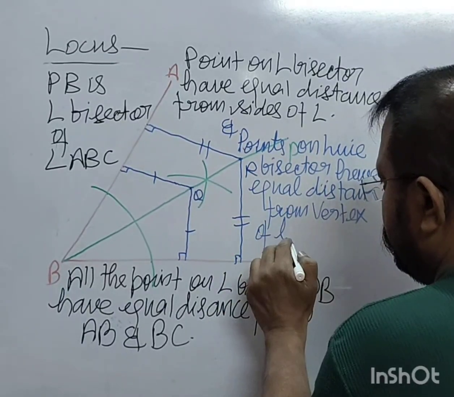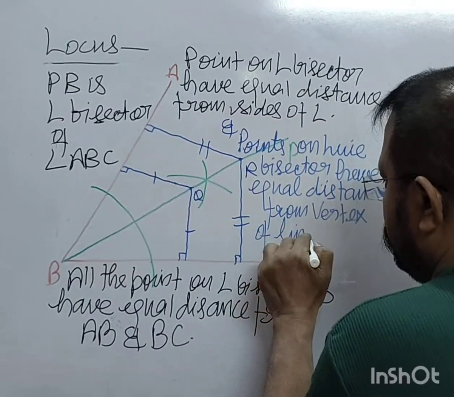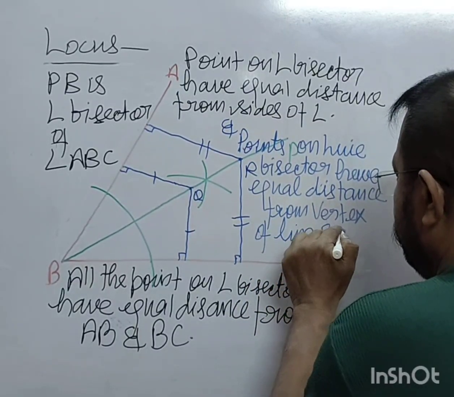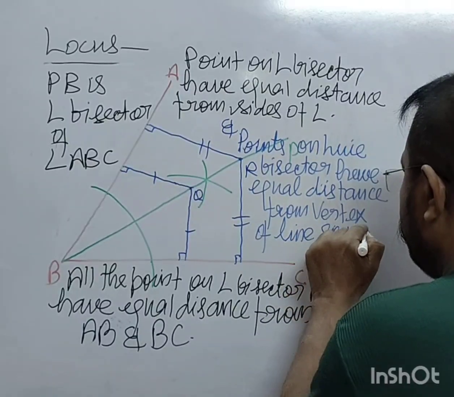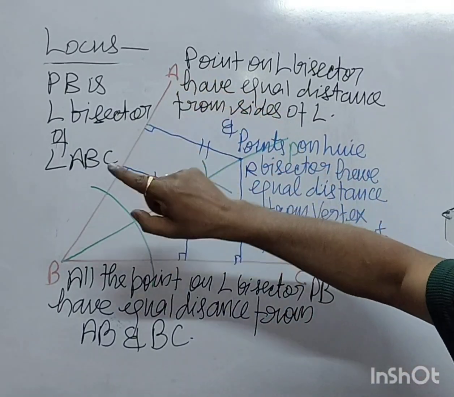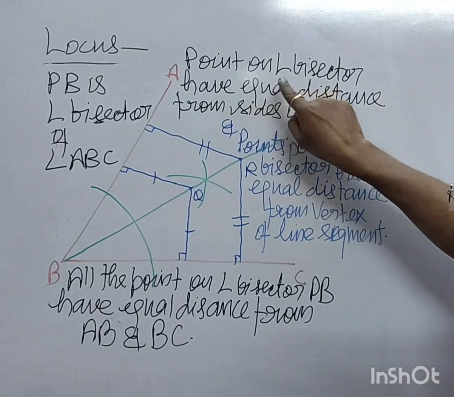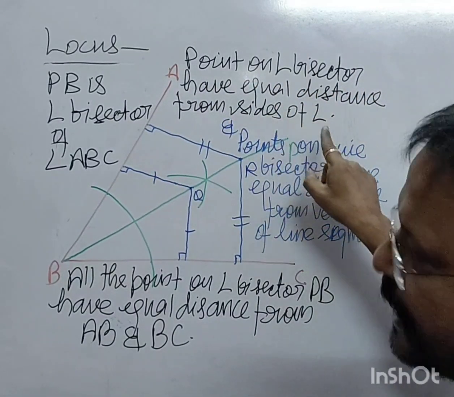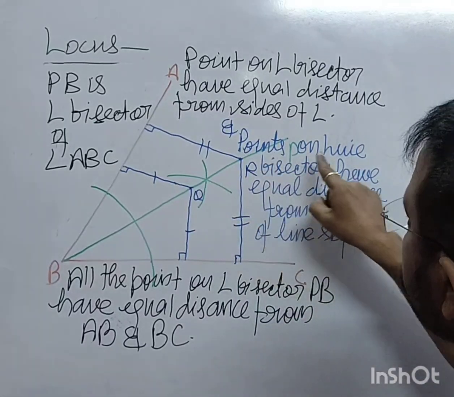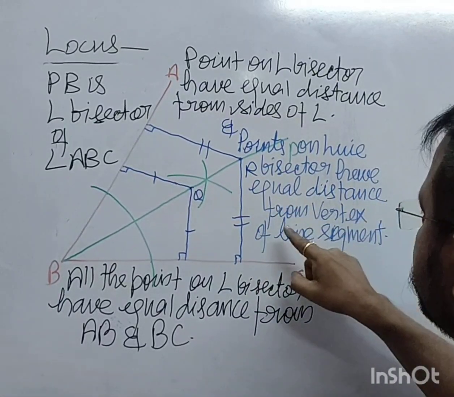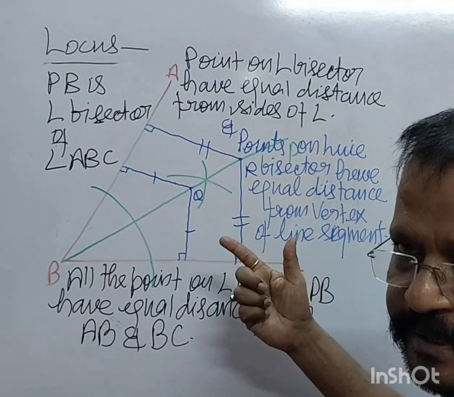You get it? Line segment. Vertex of the line segment. What I said: points on the angle bisector have equal distance from the sides of the angle, and points on the line bisector have equal distance from the vertices of the line segment.